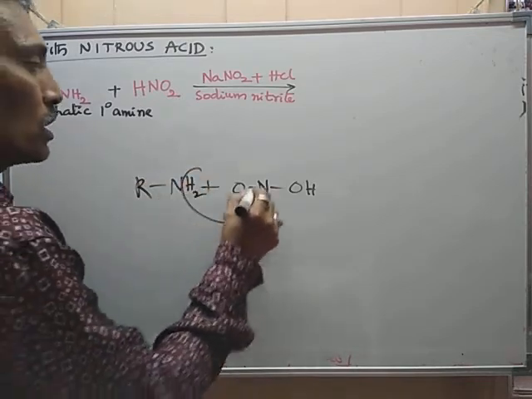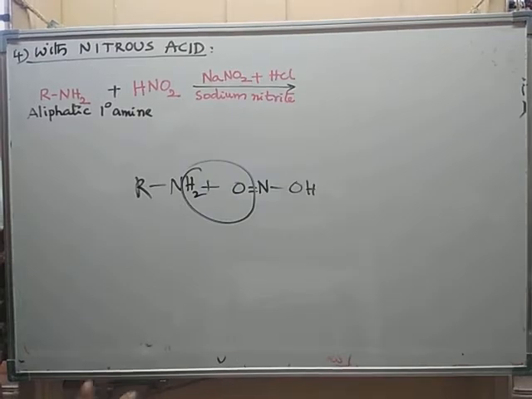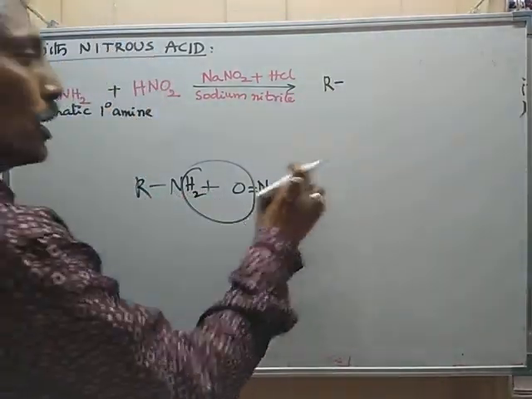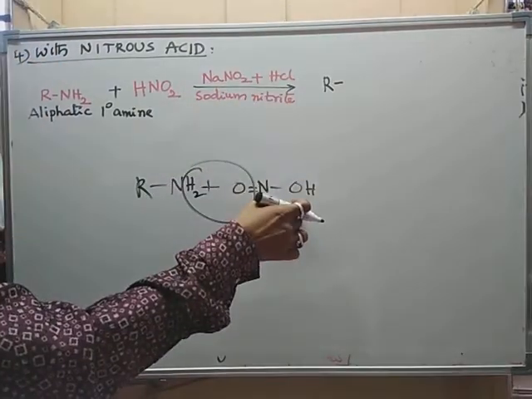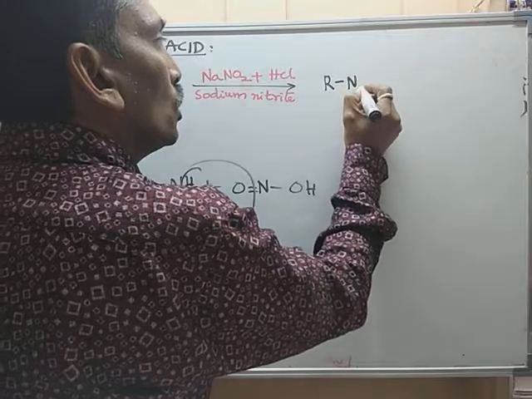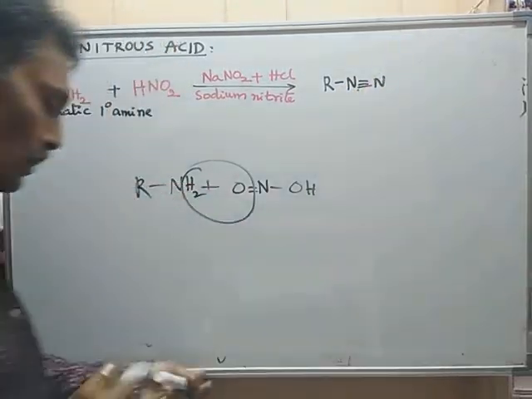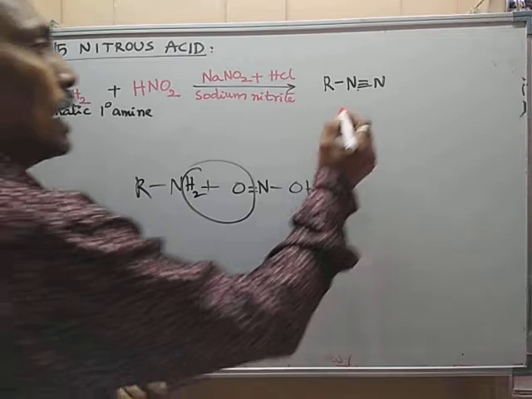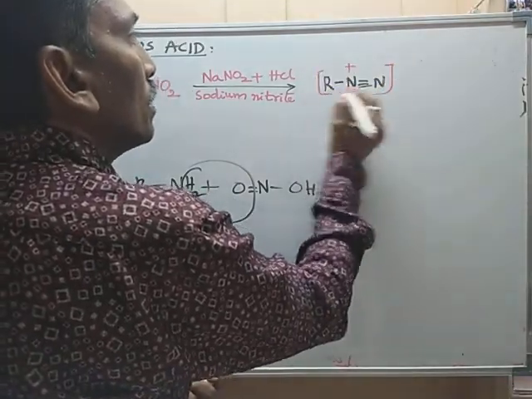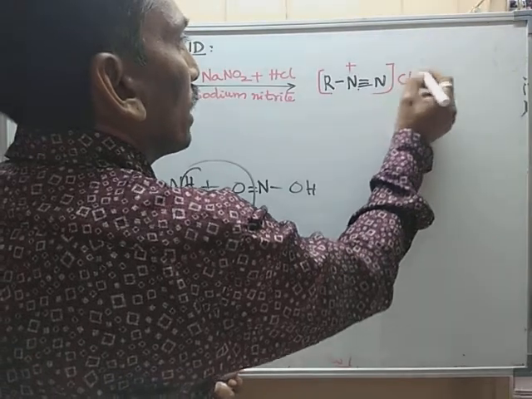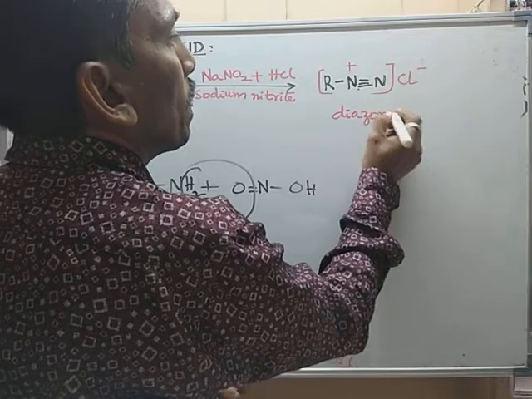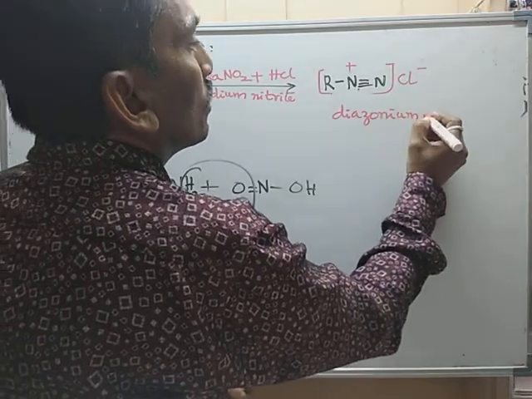Then what is removed, dear students? H2O is removed, and what is produced? This OH is replaced by Cl, and Cl is introduced. Therefore, RN triple bond N. Yes, this middle nitrogen atom acquires positive charge, and this is with Cl minus, which is known as diazonium chloride.